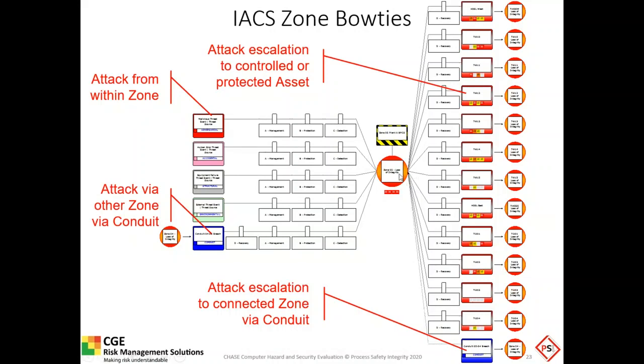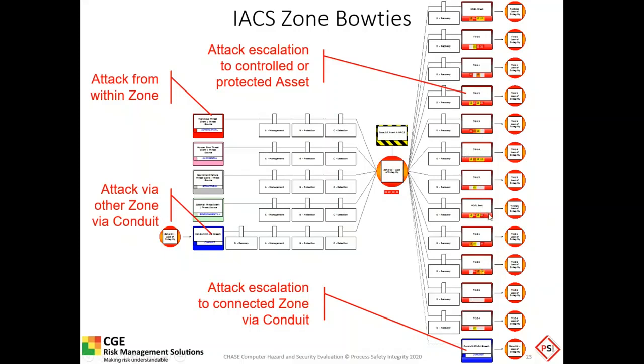The effects of that could impact these physical assets. So these are individual bow ties for tanks, for example. Using the Buncefield example, these are all tanks in the Buncefield tank farms.